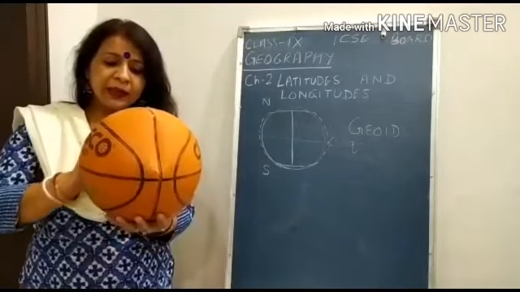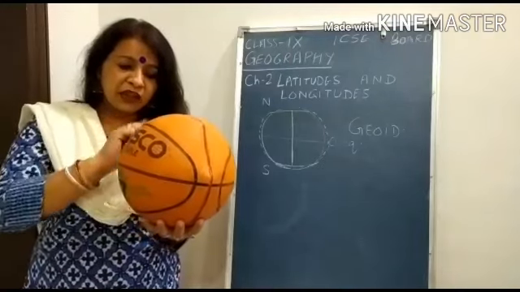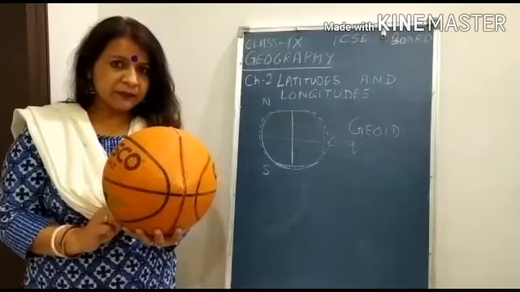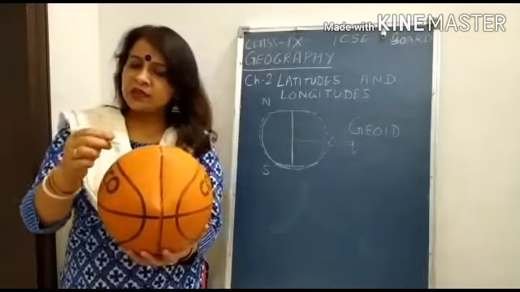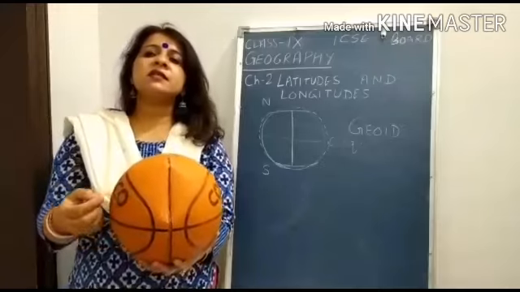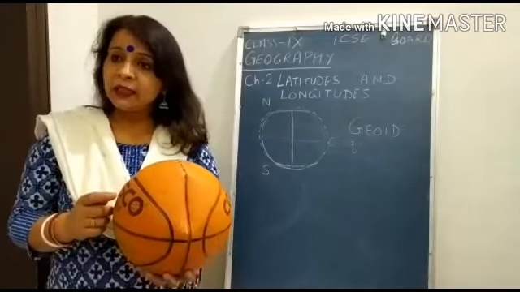So what will be at the equal portion at the back side? Yes, because it comprises 360, if I divide 360 into two parts, we will have 180 degrees.